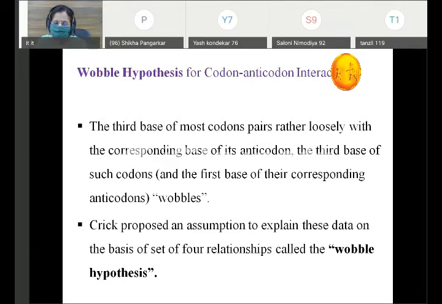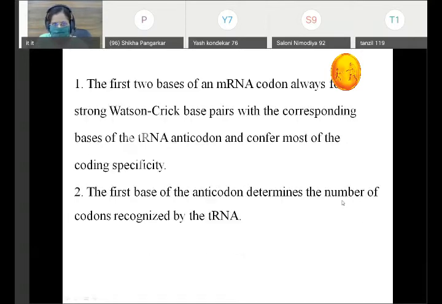Crick proposed an assumption to explain this data on the basis of a set of 4 relationships. These are called the Wobble hypothesis. We'll see them one by one. The first two bases of the mRNA codon always form a strong Watson-Crick base pair with the corresponding bases of the tRNA anticodon and confer the most coding specificity.